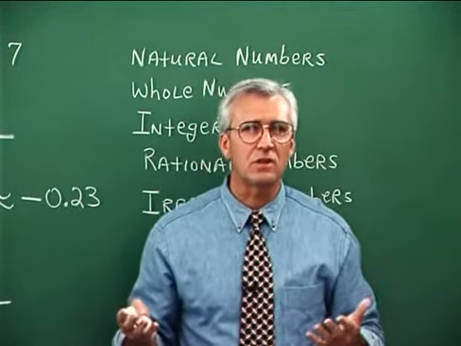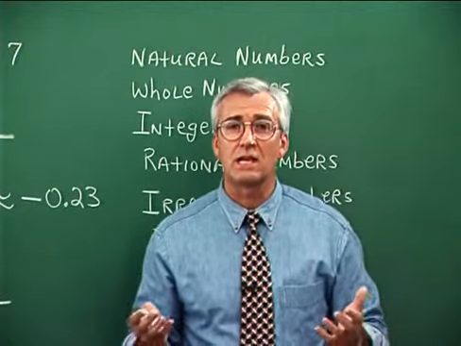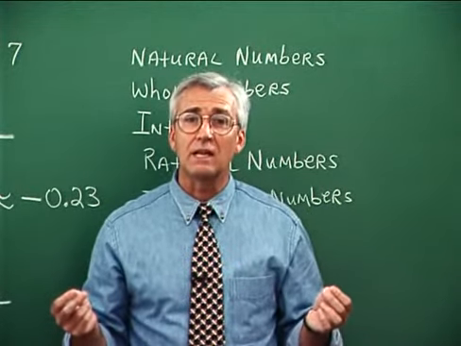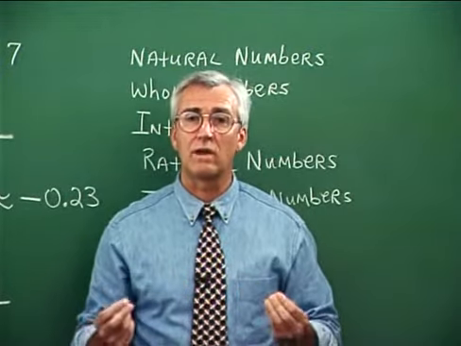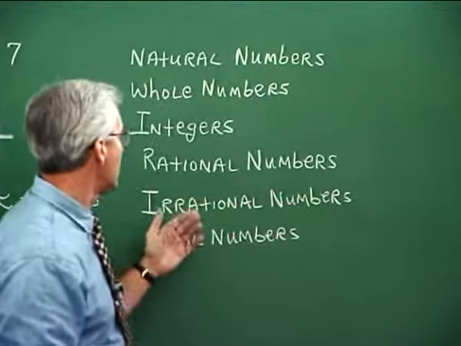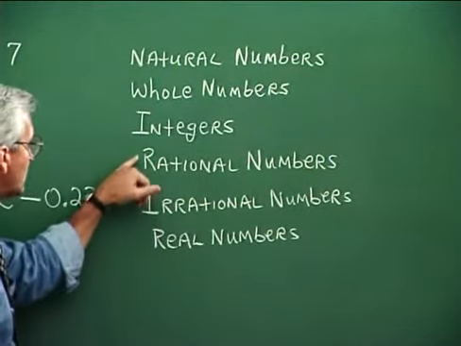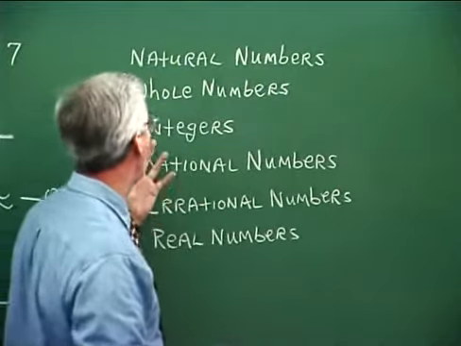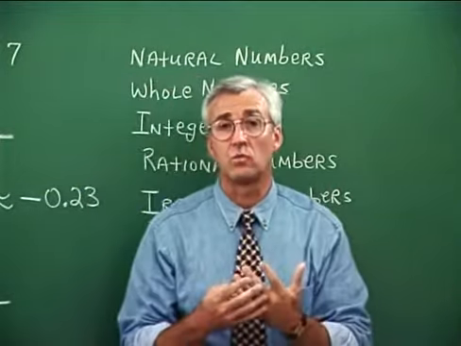But isn't there such a thing, or could there be such a thing as a non-ending and non-repeating decimal? Yes, there could be, and they would then fall into a category that's outside of rational numbers. Well, that's what irrational numbers are all about, and the rationals and irrationals together give us a set called real numbers. Well, here's a discussion of the whole thing and how all of these sets relate to one another.